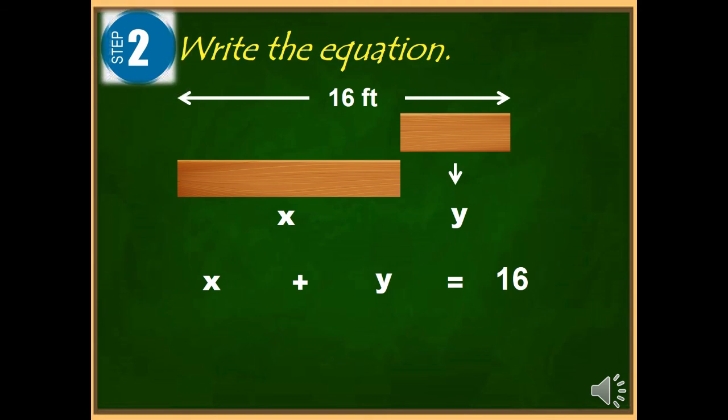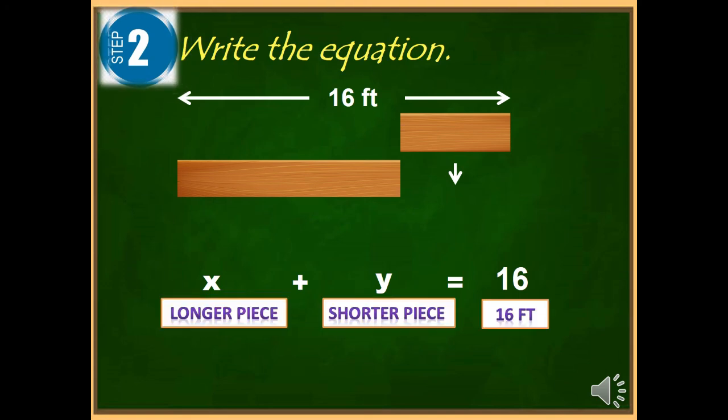X is the length of the longer piece of wood, and again, Y is the length for the shorter piece of wood. And the 16 is the length of the wood itself.